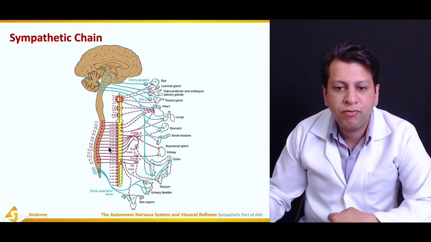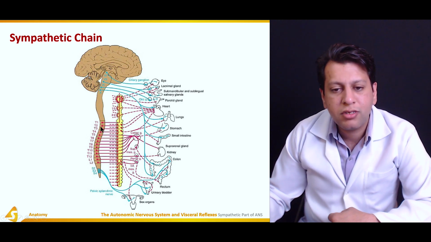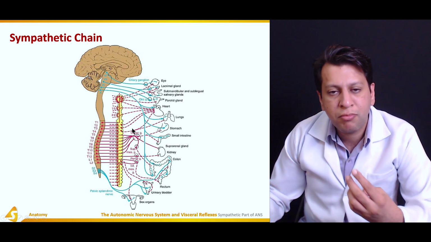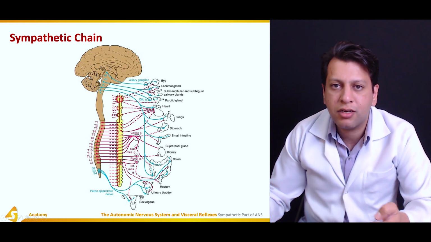From there onwards, some fibers also go to the celiac and renal ganglia, but the least splanchnic nerve only supplies the renal and suprarenal ganglia. But all the outflow to the abdominal visceral organs is going through the splanchnic nerves, mainly through the three splanchnic nerves: greater, lesser, and least splanchnic nerve.